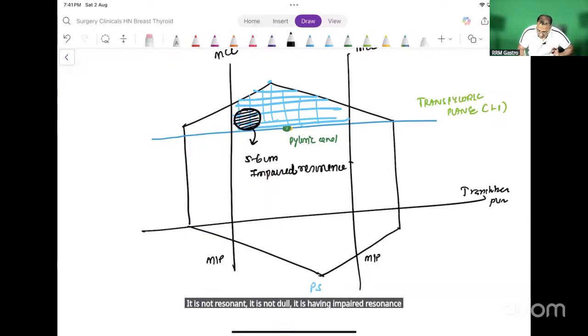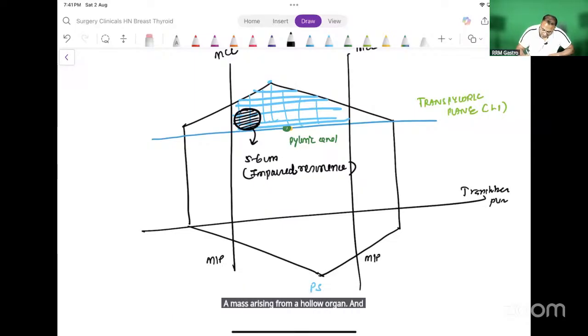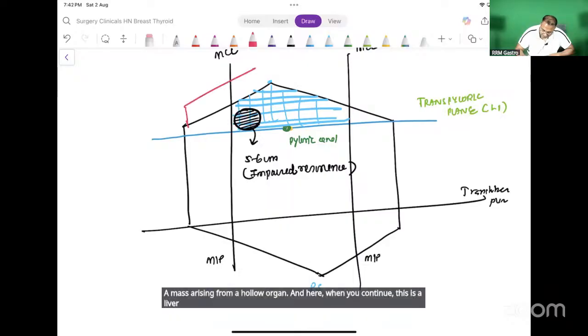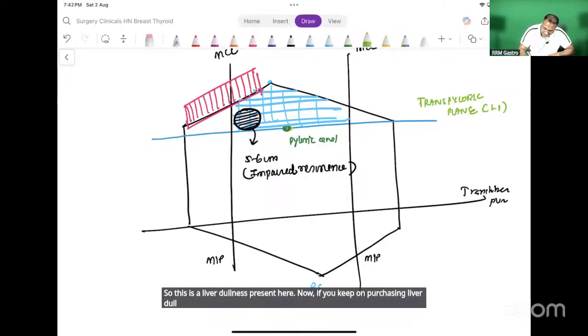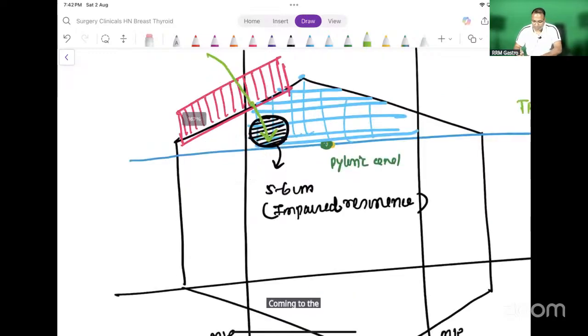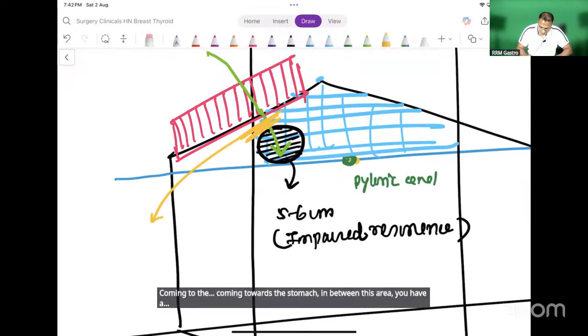That is an absolute term for a mass arising from a hollow organ. And here, this is the liver dullness present here. Now, if you keep on percussing the liver dullness like this, what happens? Coming towards the stomach, in between this area, you have a band of resonance.